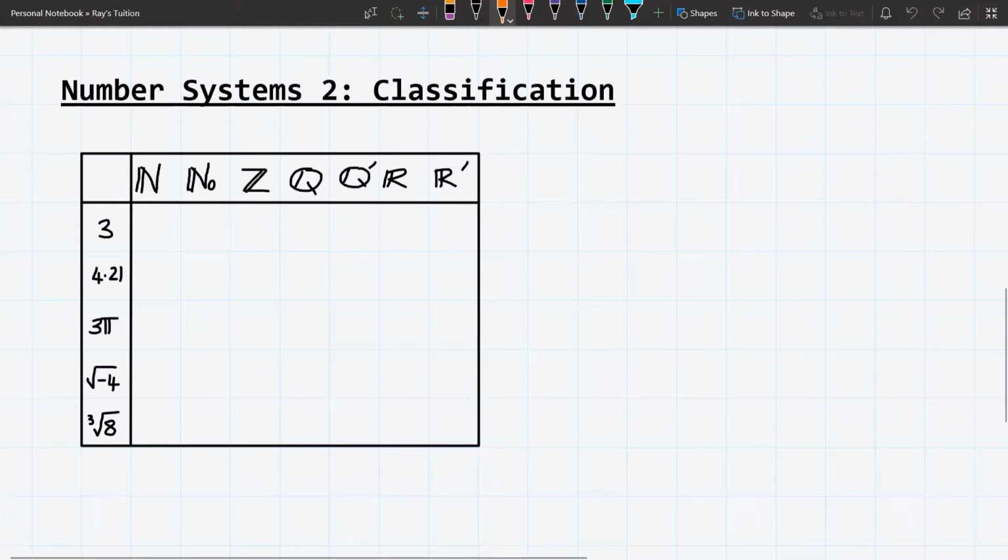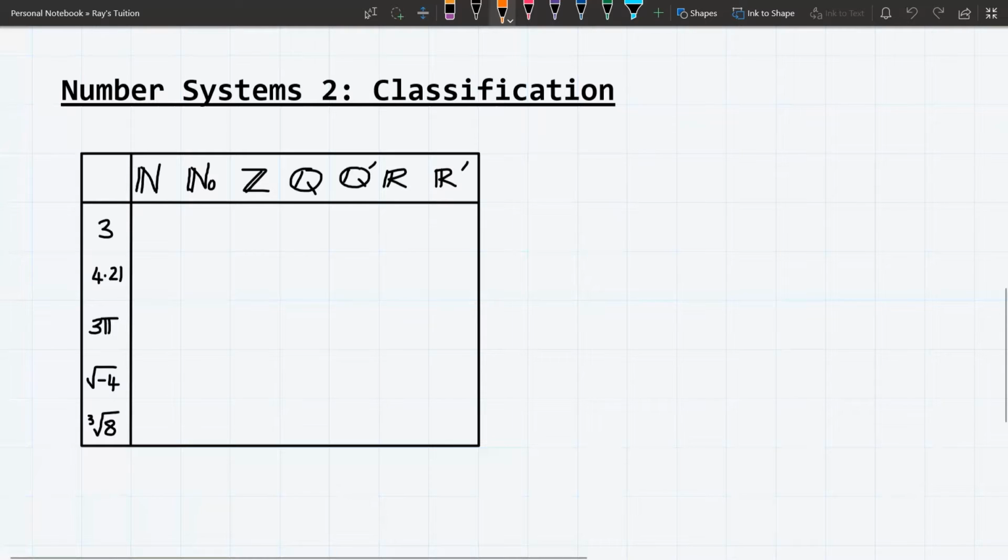Just a reminder: N is your natural numbers, N with the naught is your whole numbers, Z is integers, Q are your rationals, Q dash are your irrationals, R are all of your reals, and R dash are your non-real numbers. Let us start with the first one and start classifying it.